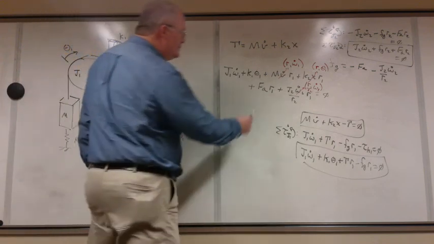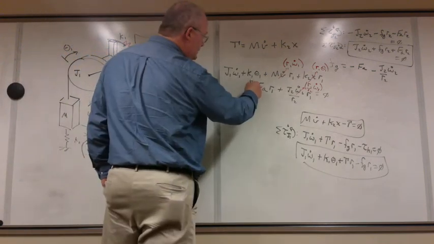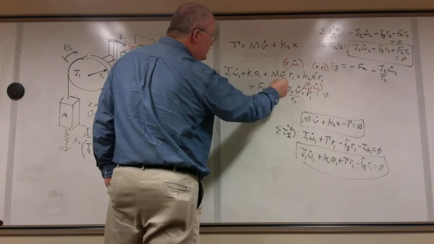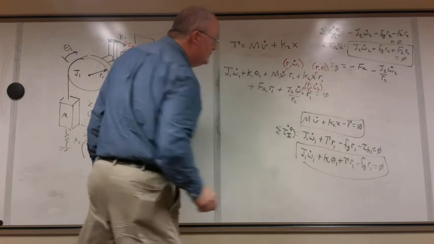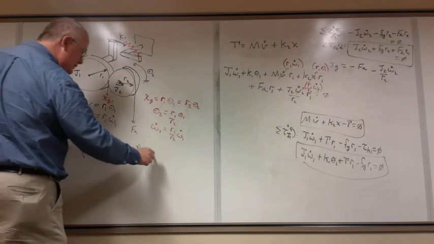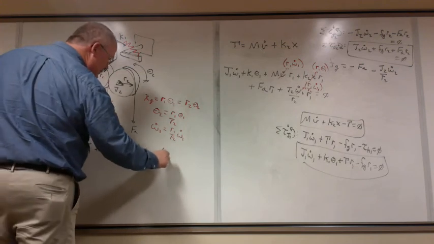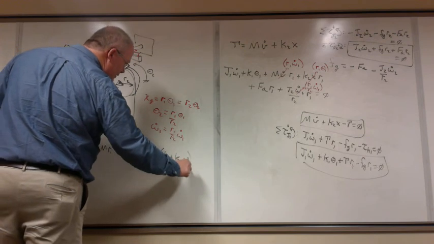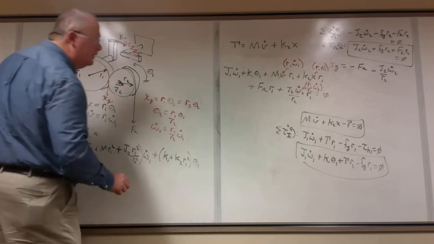Let's do my theta 1 term expression next. I have a theta 1 expression, whatever you want to call it: K1 theta 1 plus K2 R1 squared theta 1. So now I have plus (K1 plus K2 R1 squared) theta 1.